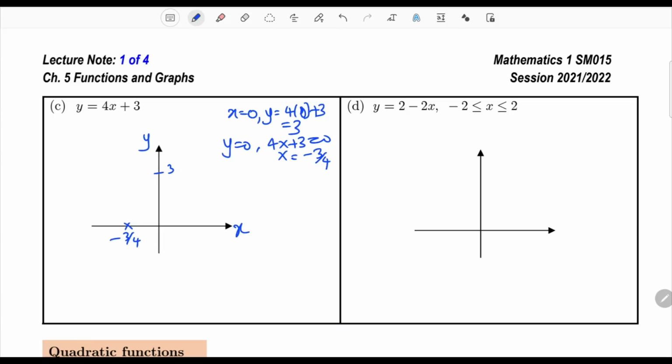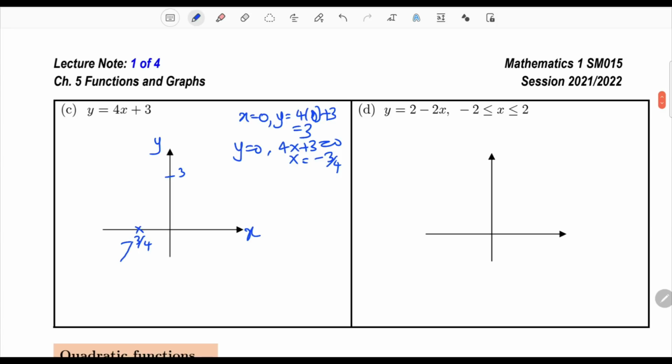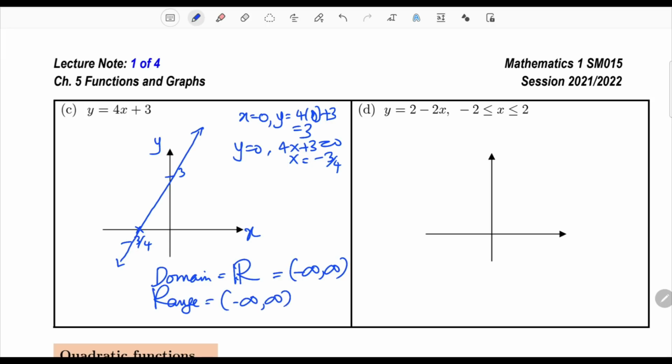We join these two points, use your ruler, something like this. It goes on and on upwards, and on and on downwards. There are no restrictions on the values of x, so the domain is real numbers, also written as -infinity to infinity, and the range is also -infinity to infinity.